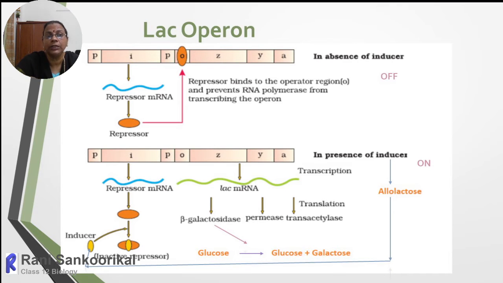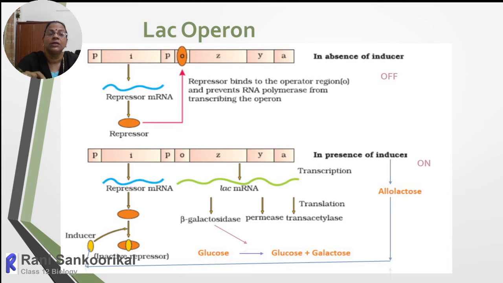Normally, this repressor protein will bind with the operator and switch it off. As shown in the figure, the repressor protein binds with the operator and makes the switch off. When this repressor-operator complex forms, it decreases the affinity of RNA polymerase to bind with the promoter.